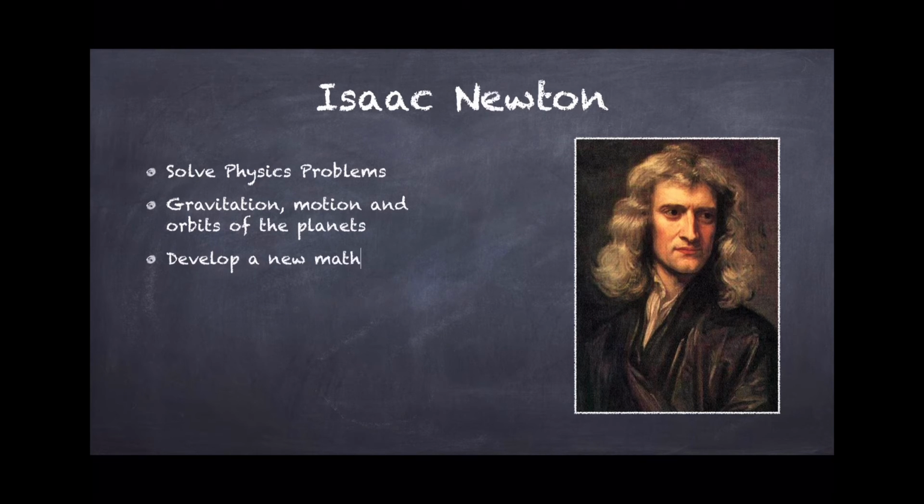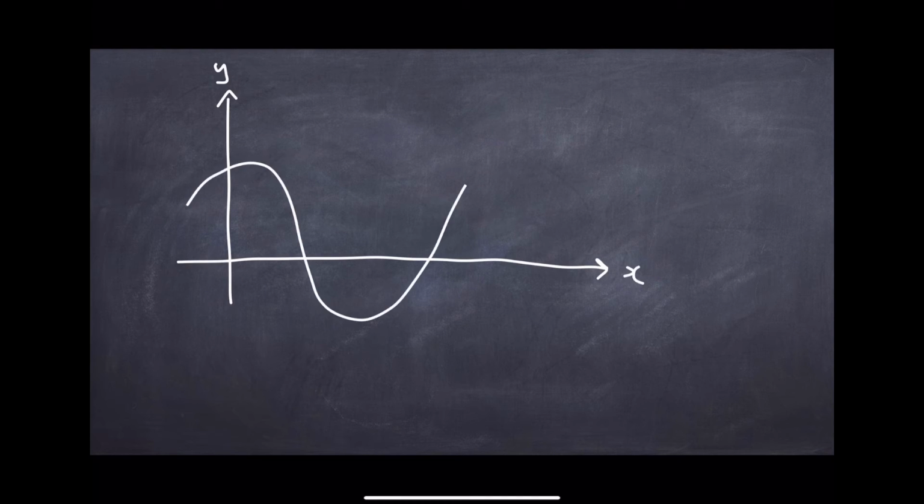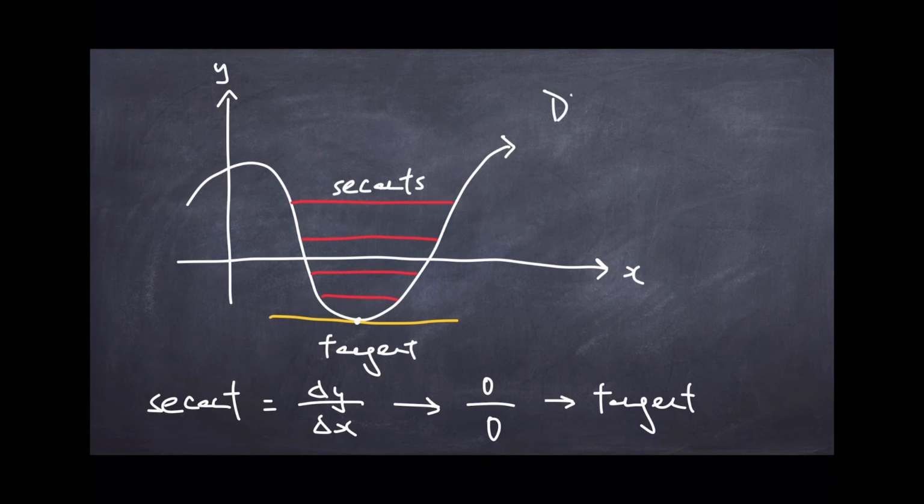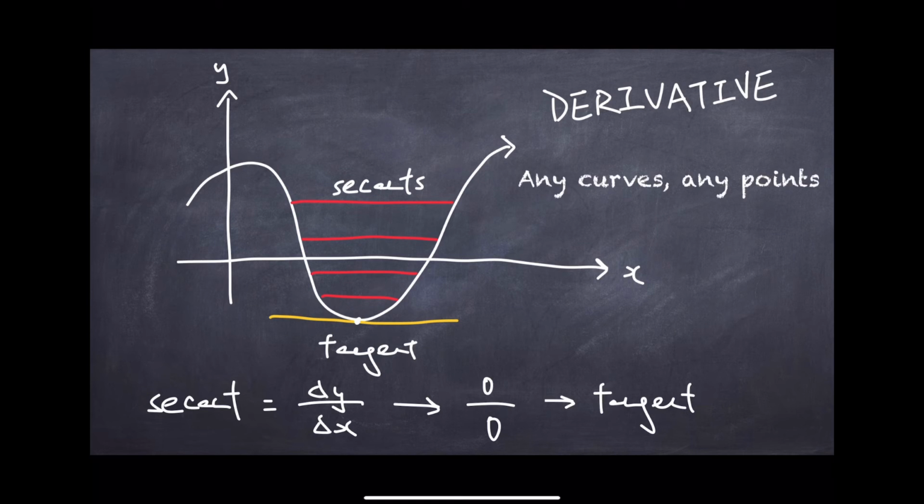He found that the secants are getting smaller and smaller until one only touches a point, where the tangent exists. And that's the derivative, which can apply to any curves, any points, to find the rate of change.